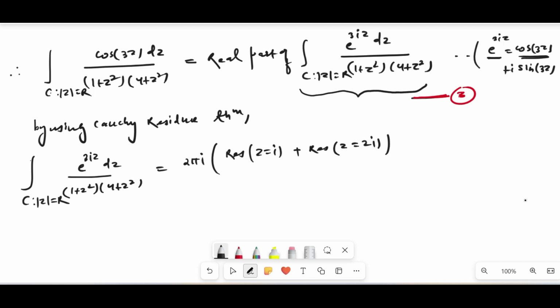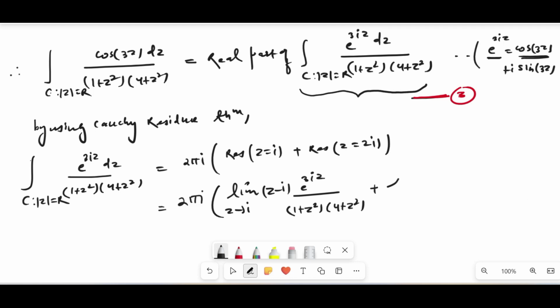So by using that, we can write here 2 pi i times the limit z tending to i of (z minus i) e to the power of 3iz over (1 plus z square) and (4 plus z square), plus the limit z tending to 2i of (z minus 2i) e to the power of 3iz over (1 plus z square)(4 plus z square).